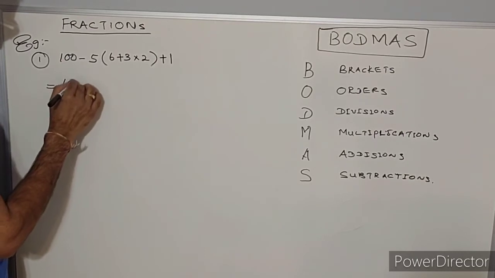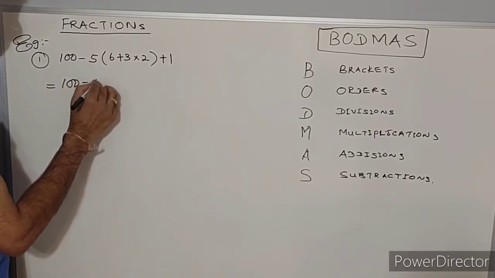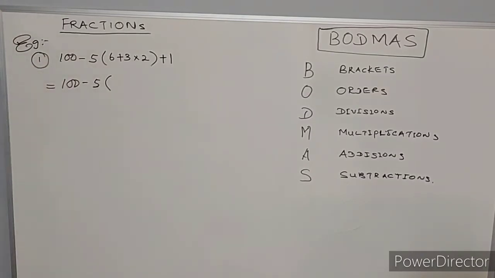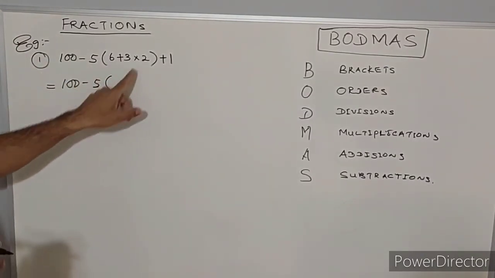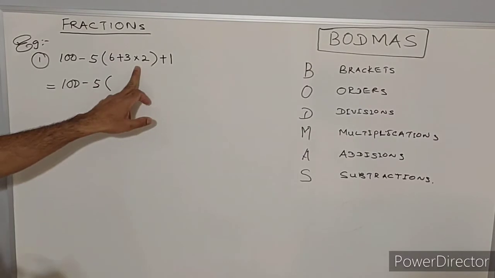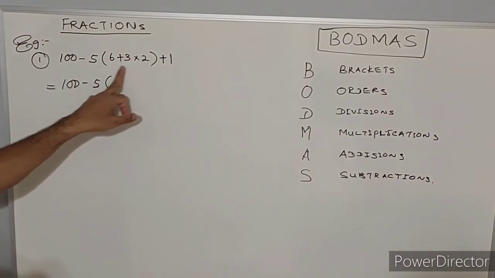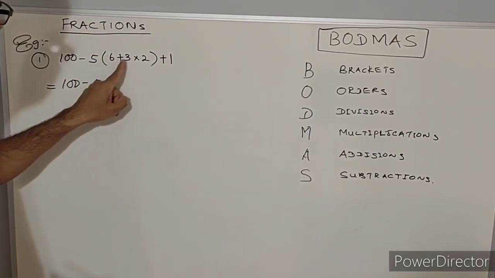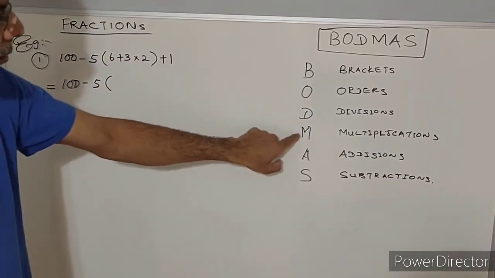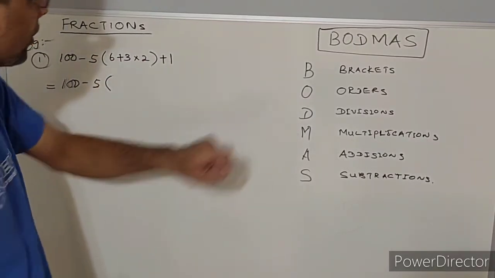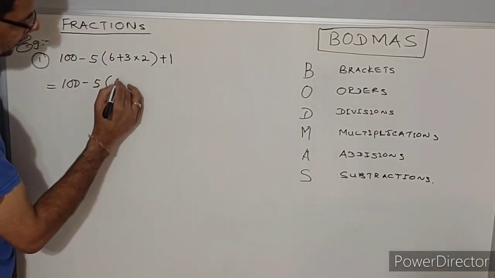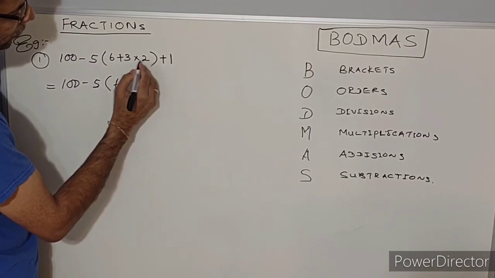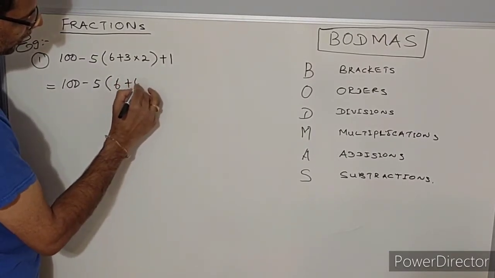This is as it is, minus 5, and the brackets. In brackets we have to resolve, but these brackets have 2 signs, that means more than one sign. Then we have to look at the BODMAS again. Which one do we have to do first? Addition or multiplication? Multiplication first. Okay, now we can do 6 multiplication plus 3 multiplication plus 2 means plus 6.